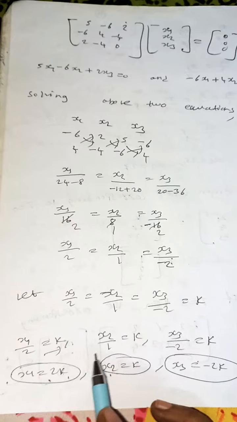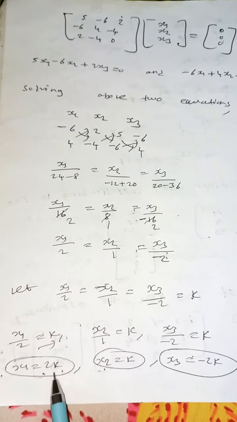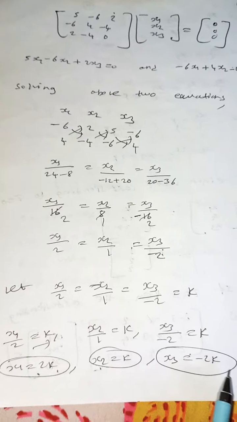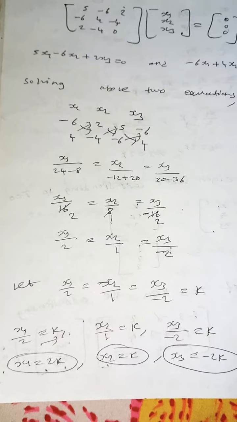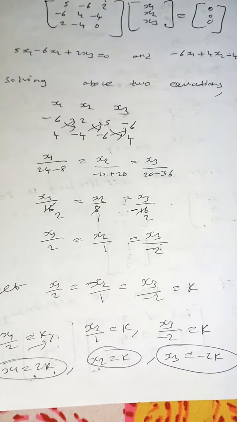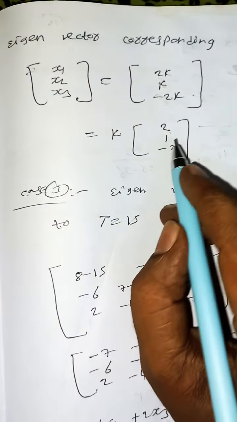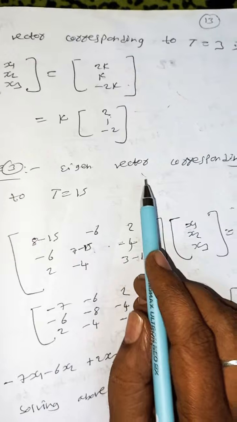Then x1 equals 2k, x2 equals k, x3 equals minus 2k. Therefore the eigenvector corresponding to lambda equals 3 is 2k, k, minus 2k. Taking k outside: 2, 1, minus 2.